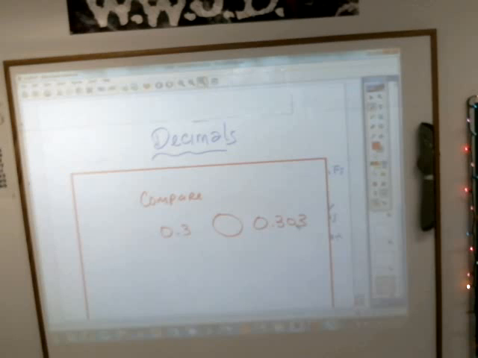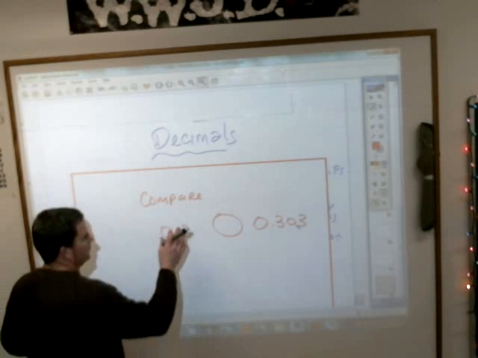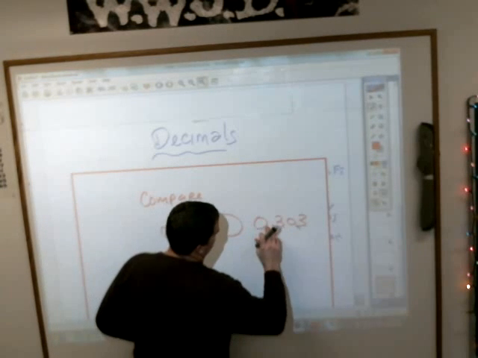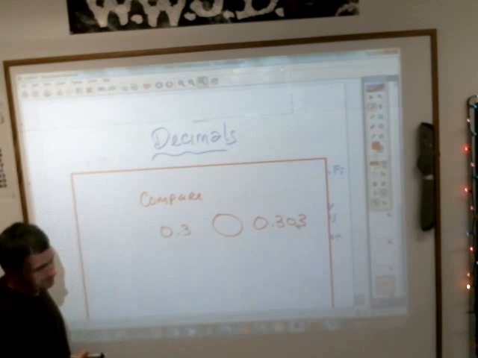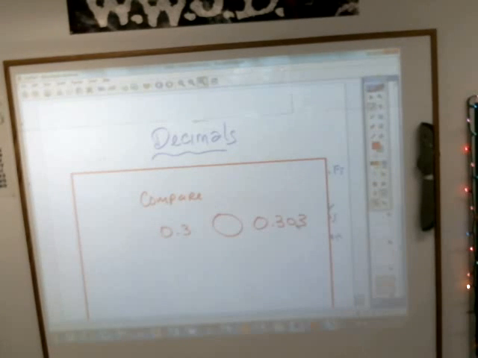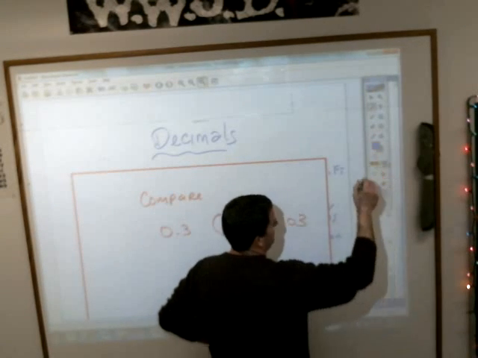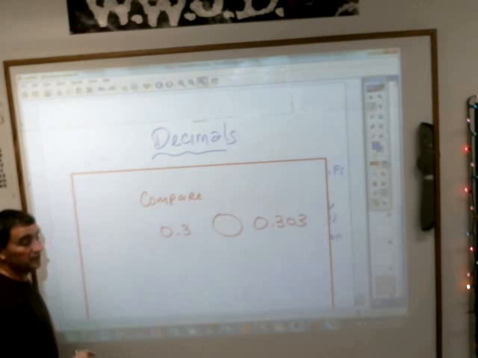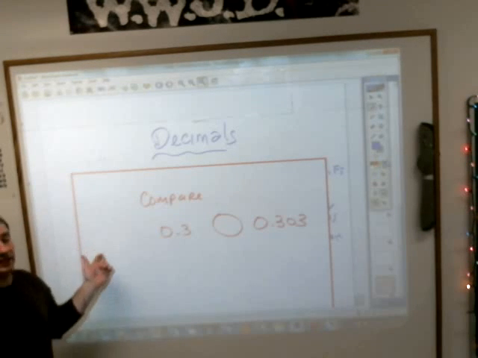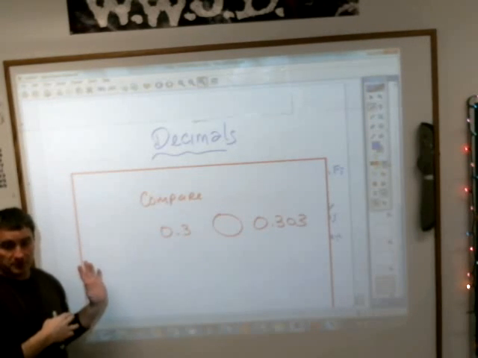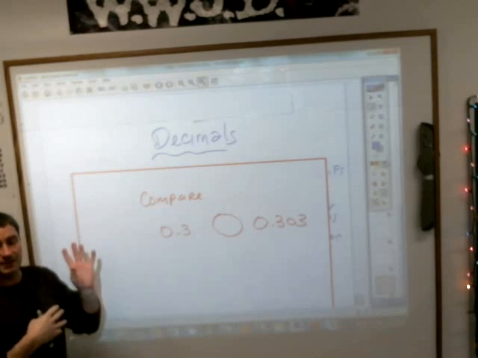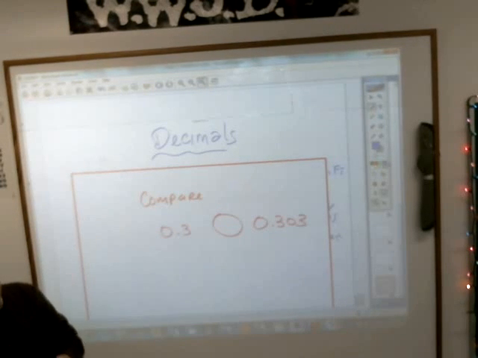Now, here's the question. You're supposed to tell which is bigger. Is 0.3 bigger or is 0.303 bigger? Big question mark. Lutz, what do you think? Now, based on the hesitation from Alexa, it might be a little confusing here, but also know, just like before when we took off some zeros that weren't needed, if you need some zeros to compare or add to, you'd put them there.